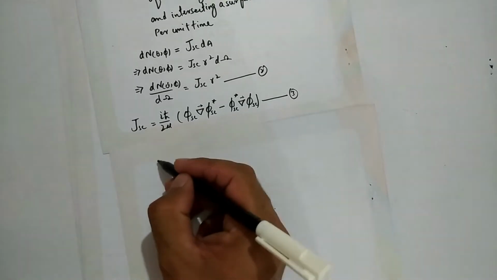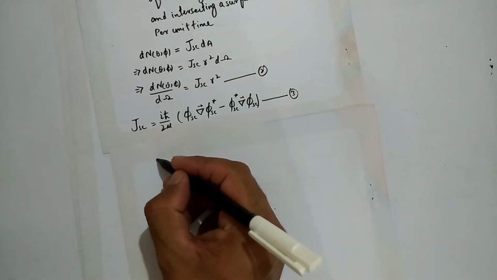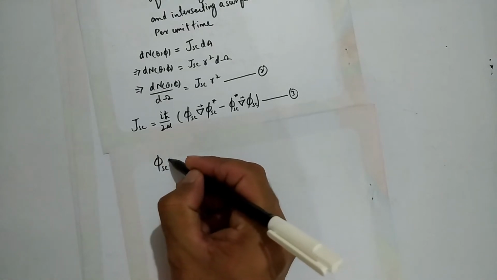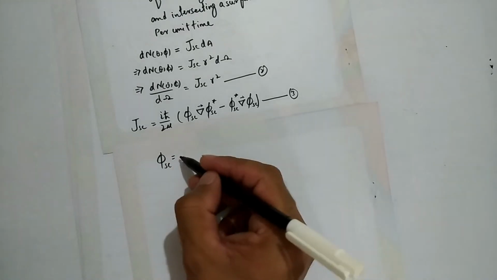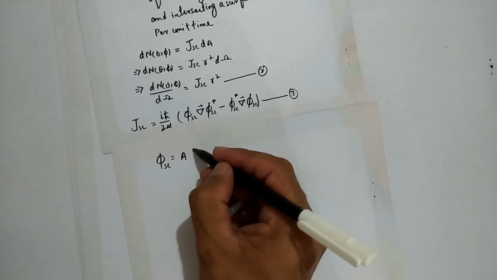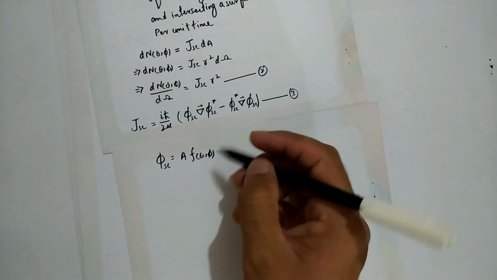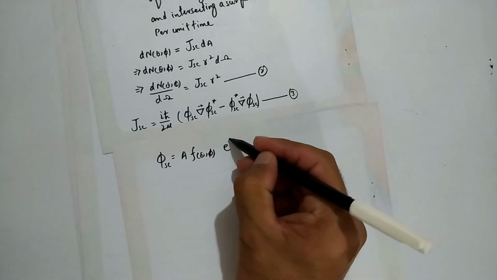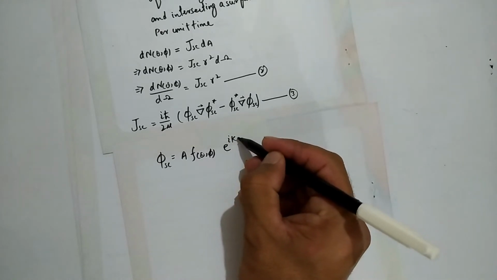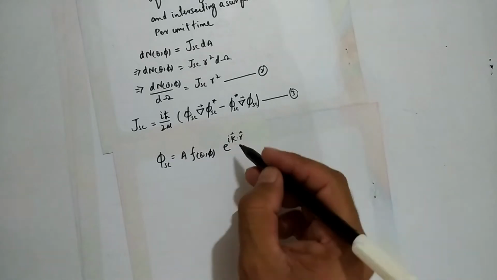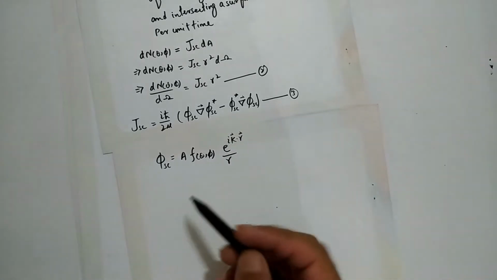In our previous lecture, we defined the scattered wave function as a times f of theta and phi, exponential i k r divided by r.